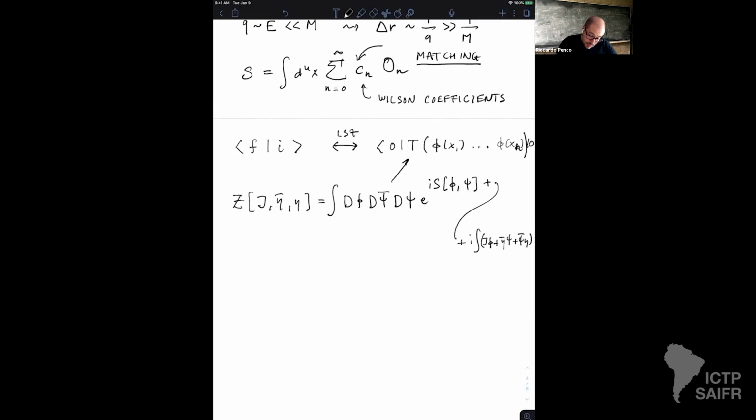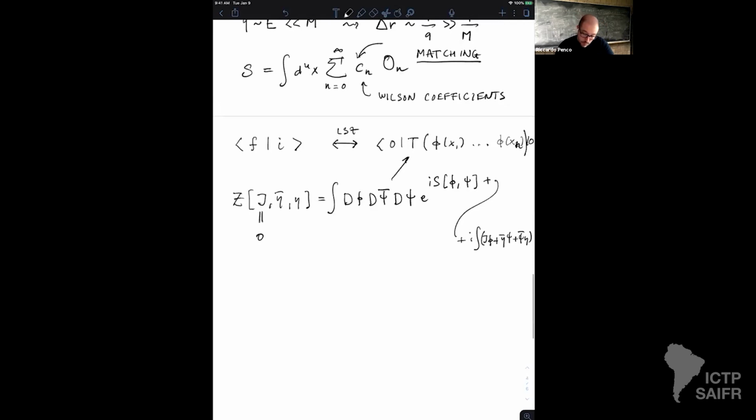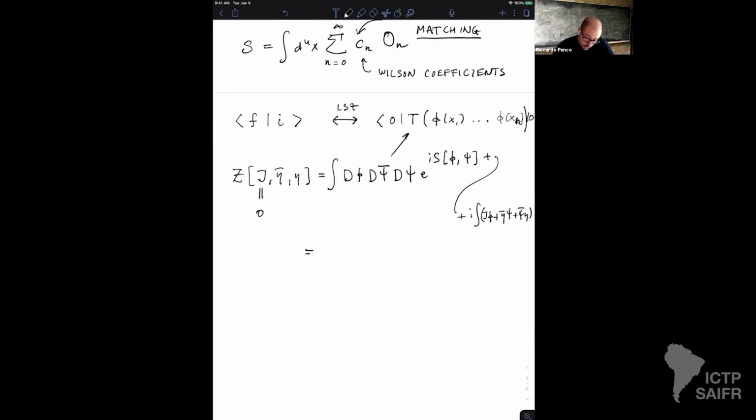Now, if you are at very low energies and you only have access to the fermions, in practice, all you need are the correlation functions of fermions, which means that you can set to 0 from the beginning the current J. And when you do so, the integral over the scalar only hits the part that depends on the action.